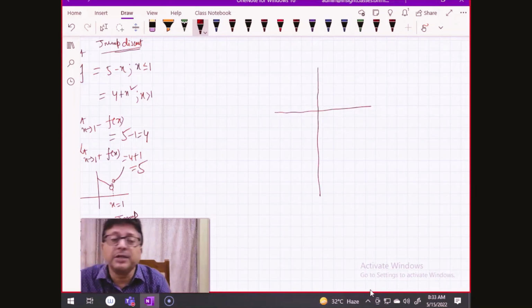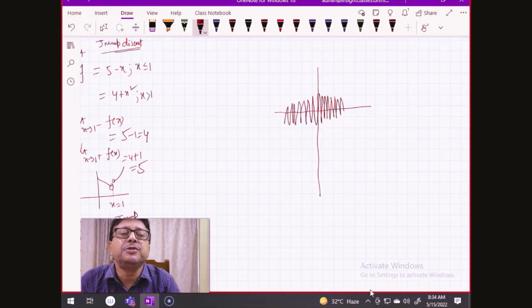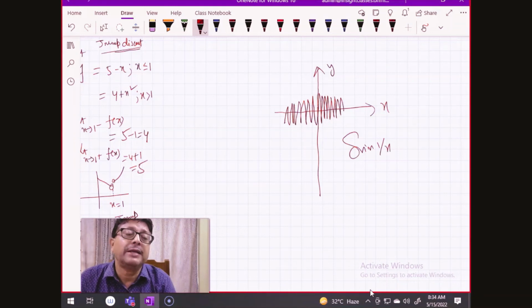I am trying to plot, it will not be very accurate. These are very close. Not a perfect one. Better use GeoGebra to do it later. Right now you just assume the graph plot for sine 1 by x.